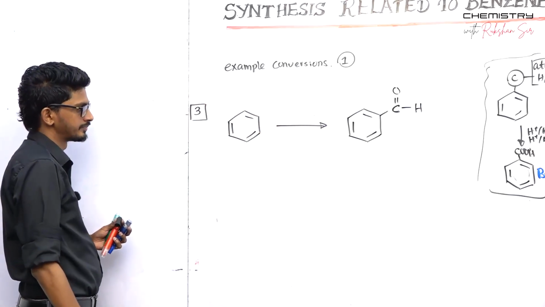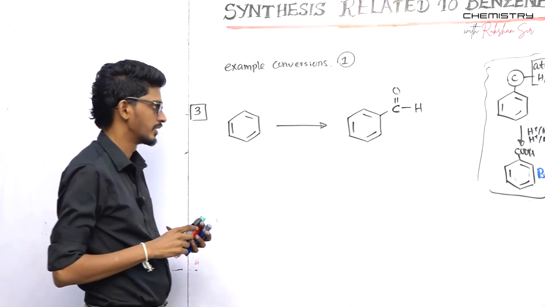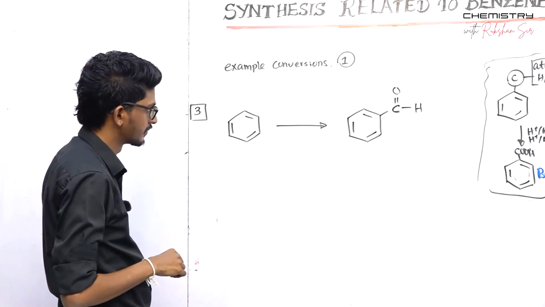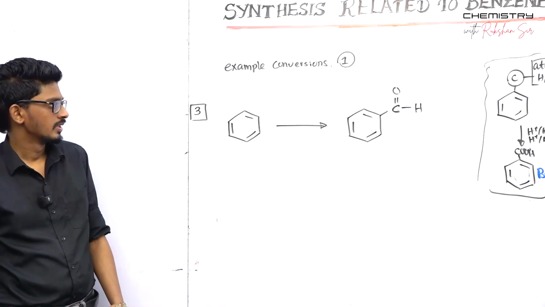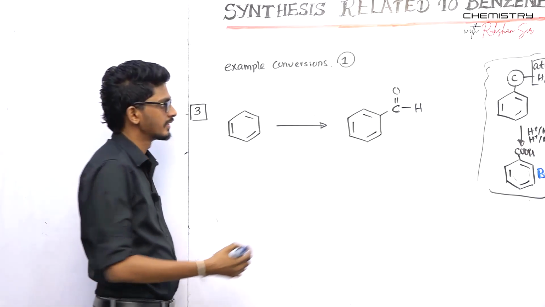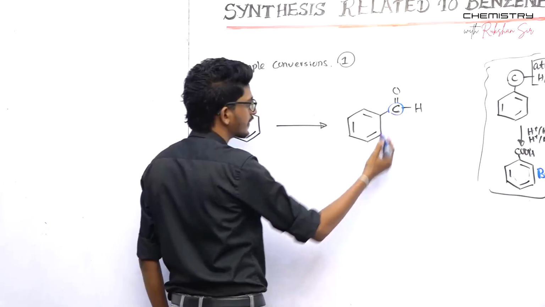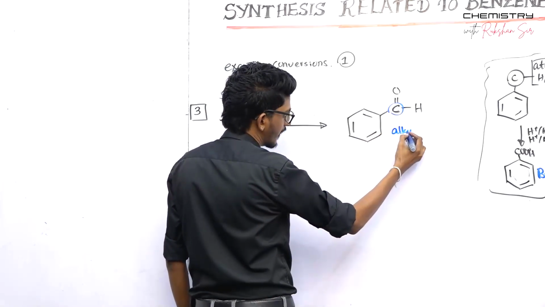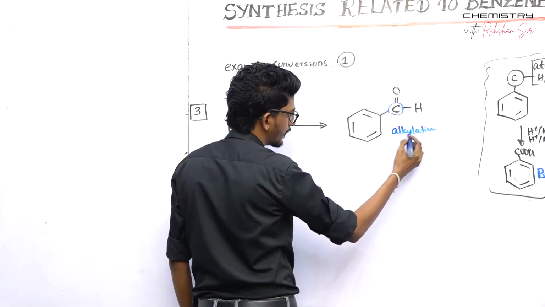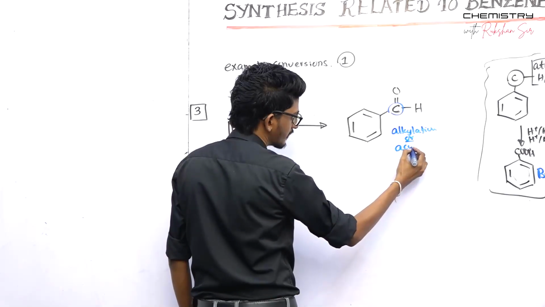Okay, see what can be done to do this. So basically, again, some carbon is connected. So better to come up with alkylation or acylation.